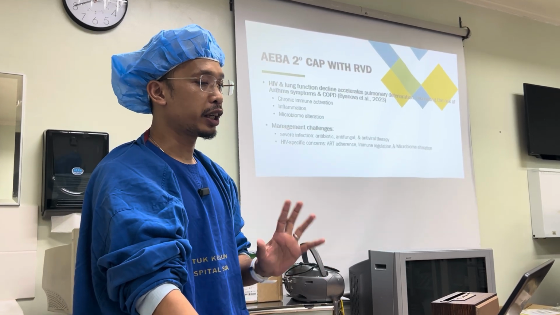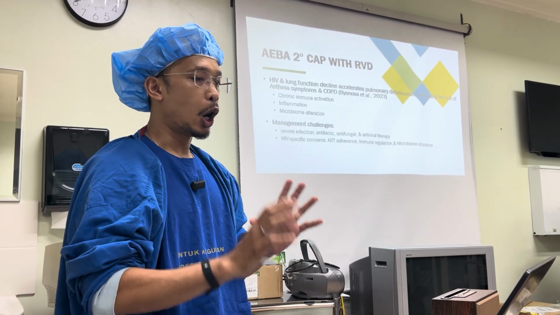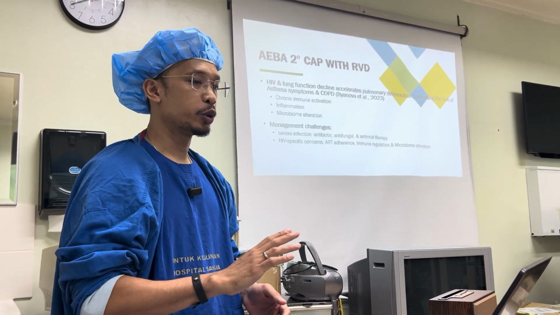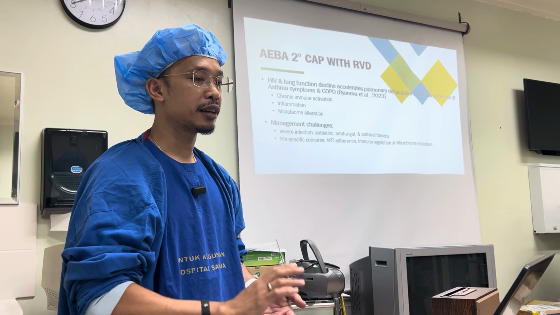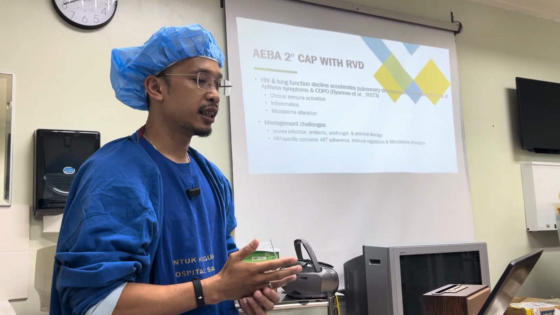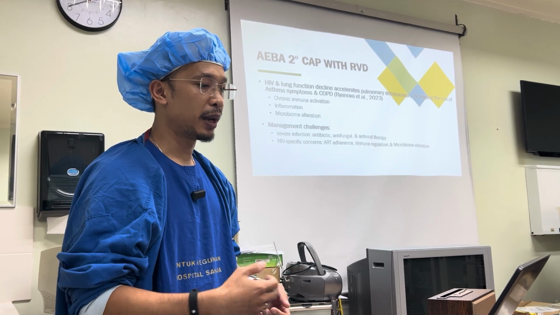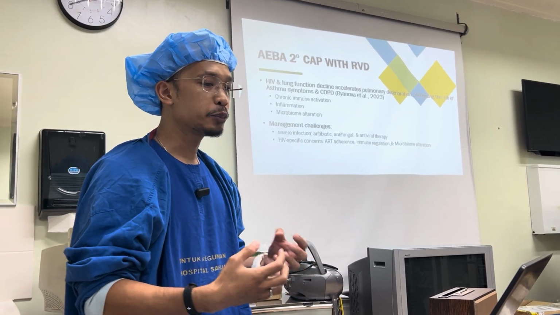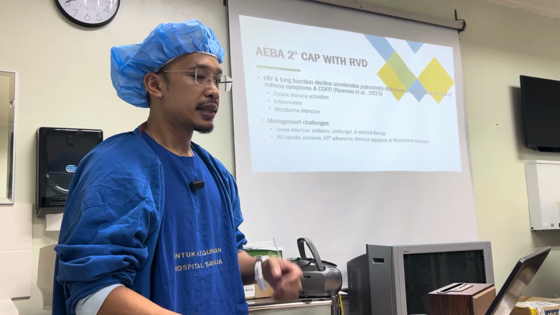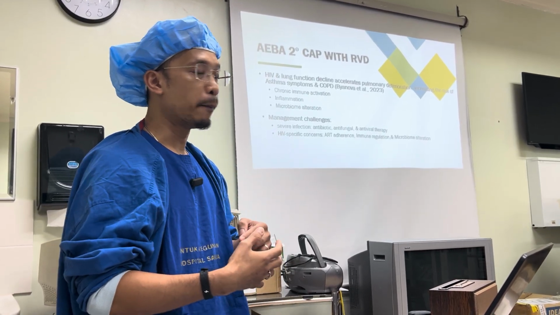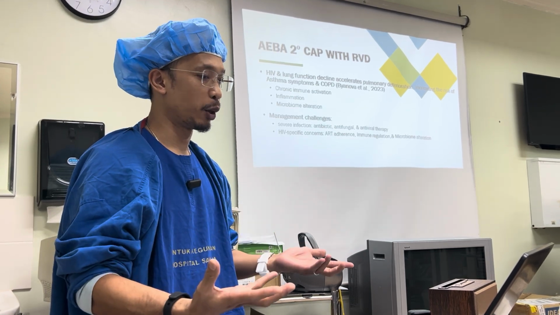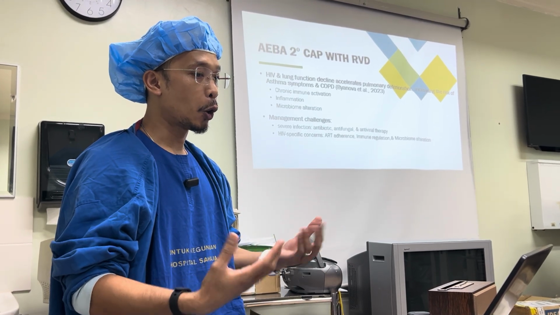In HIV, chronic immune activation, ongoing inflammation, and microbiome imbalance all contribute to the acceleration of lung function decline. Over time, this increases asthma-like symptoms and even COPD. When it comes to managing these patients, things can get tricky. Severe infection often needs more aggressive treatment, meaning stronger antibiotics, antifungals, or antivirals.